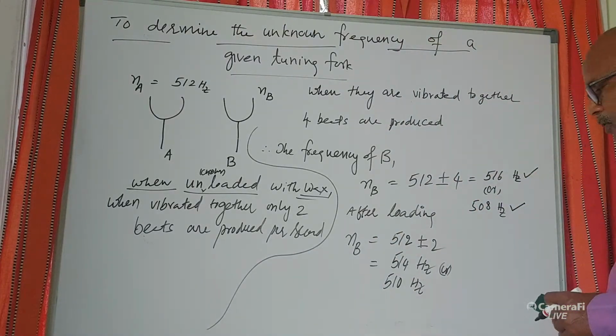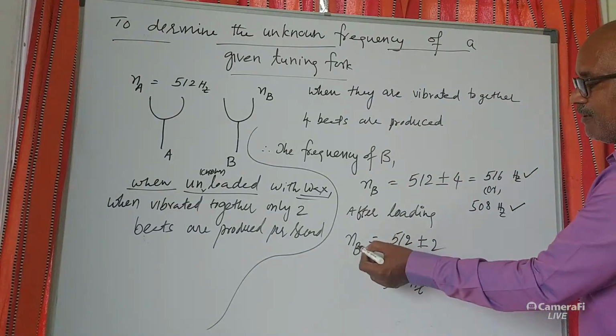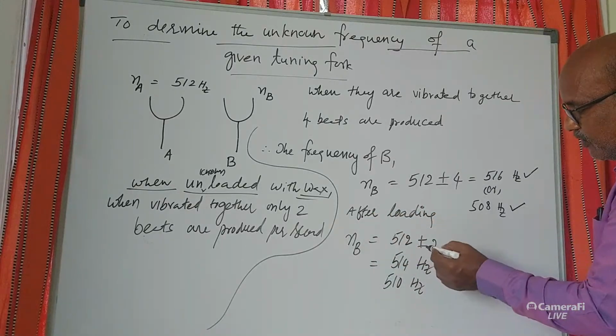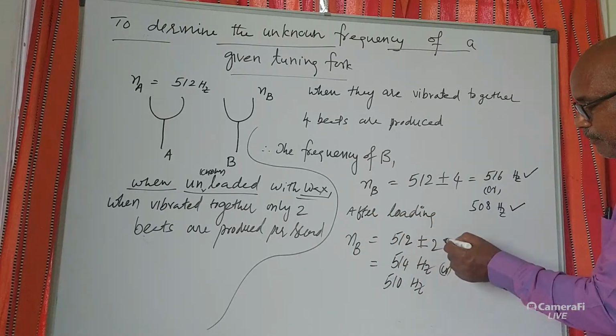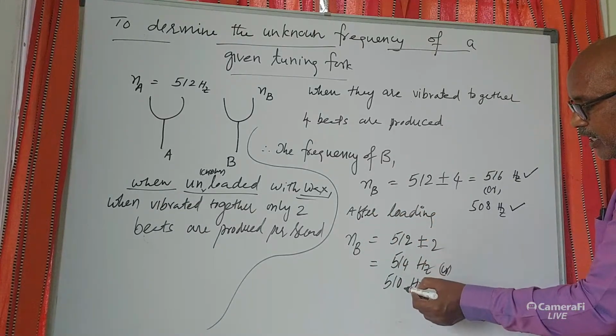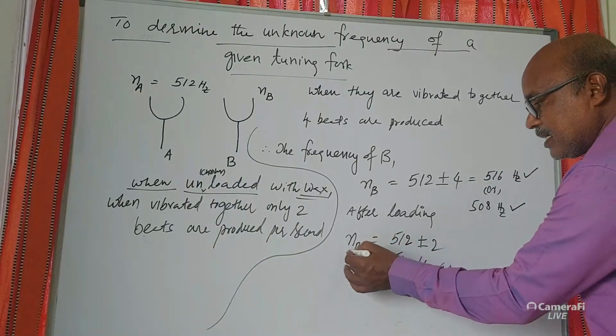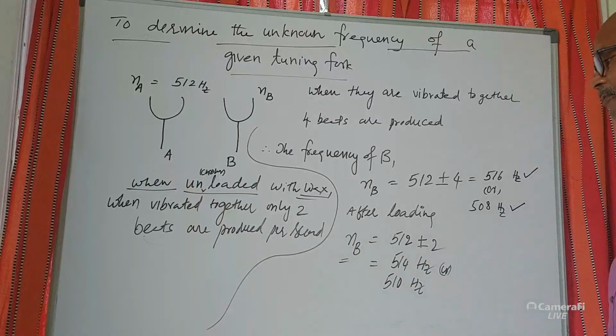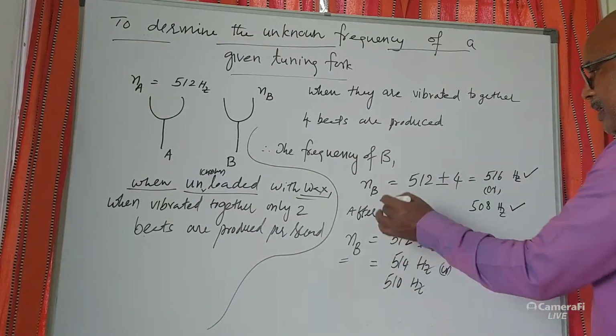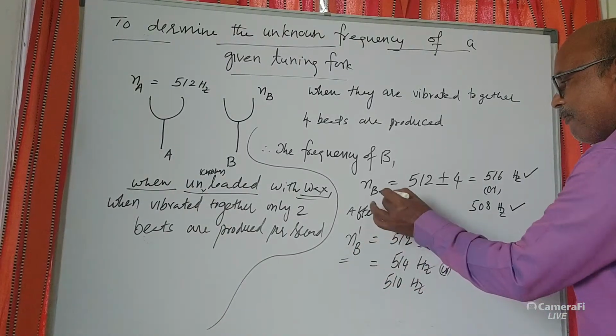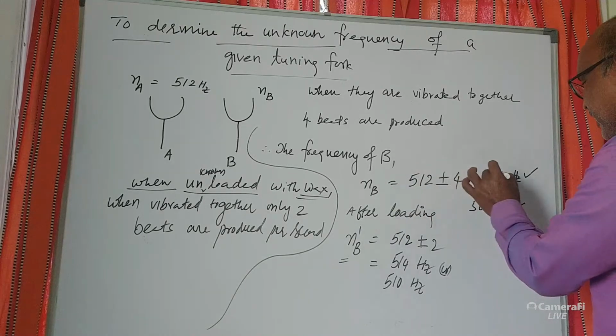When two beats are produced, the frequency of B after loading will be either 512 plus or minus 2, which means 514 or 510 Hz. Now, this is the frequency of B after loading, and this is the frequency of B before loading, the actual frequencies.